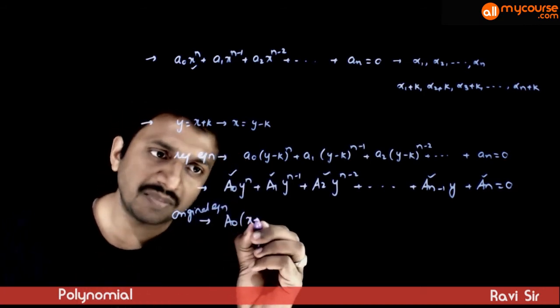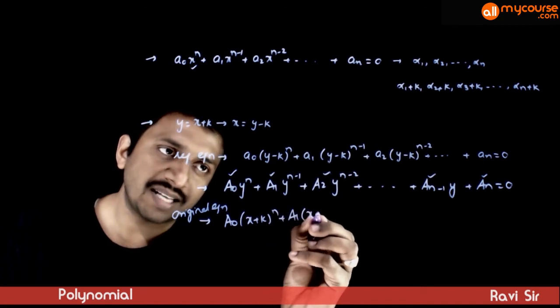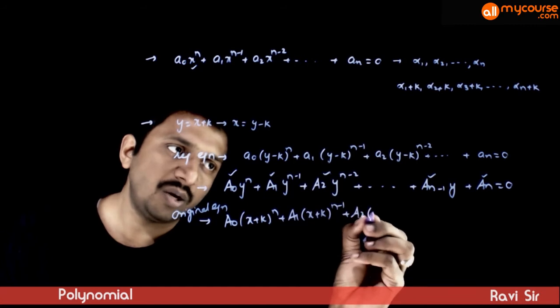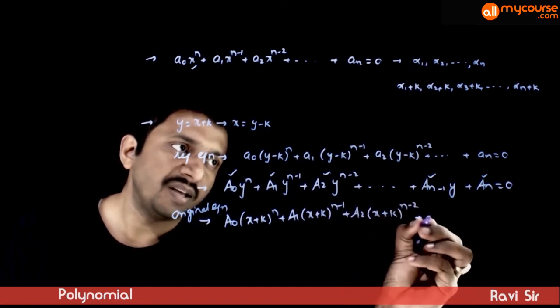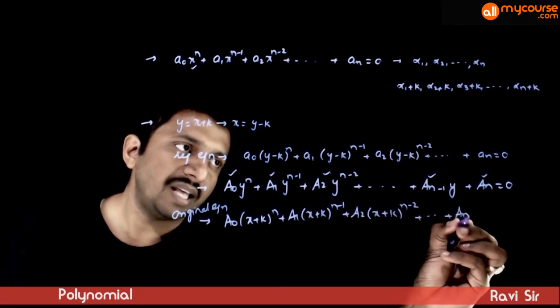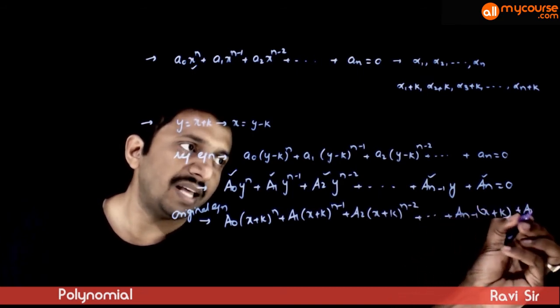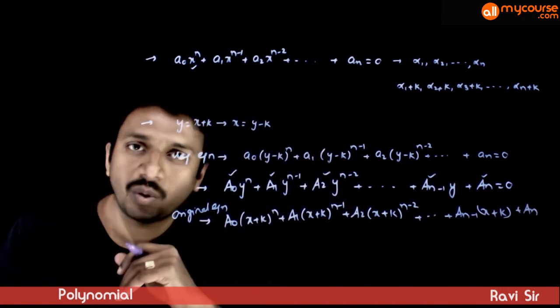So A0 times (x plus k) power n plus A1 times (x plus k) whole power n minus 1 plus A2 times (x plus k) whole power n minus 2 plus so on plus A n minus 1 times (x plus k) plus An. This is exactly the same as the original equation.